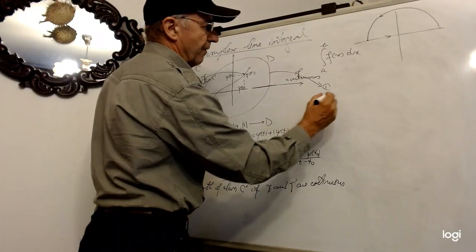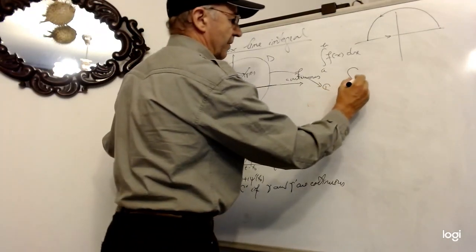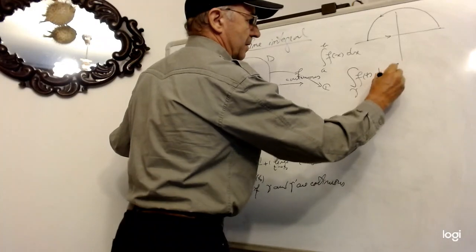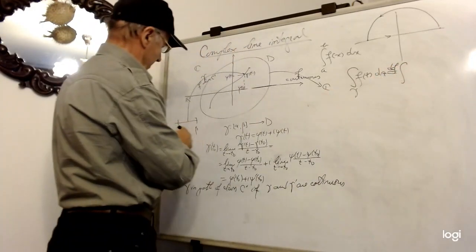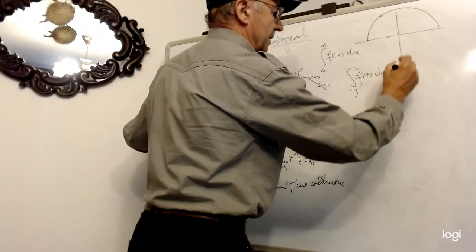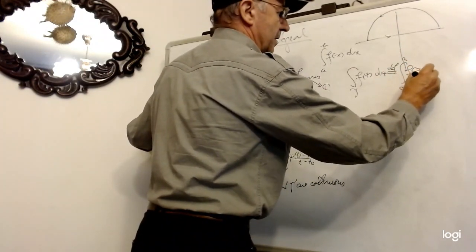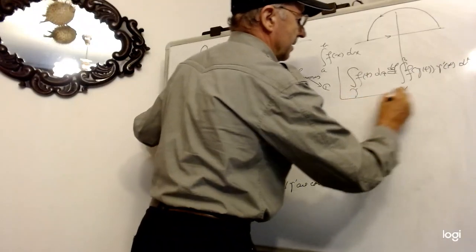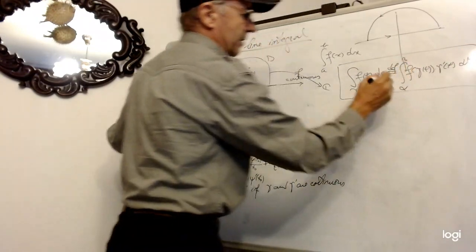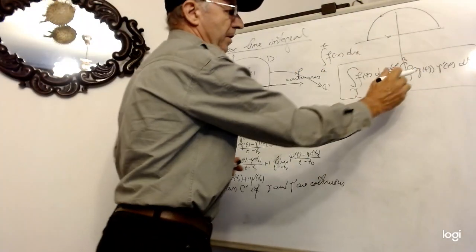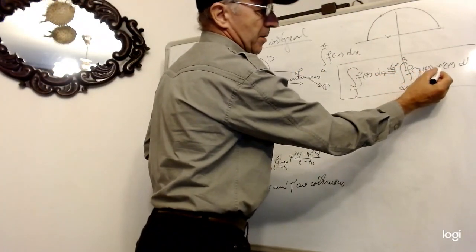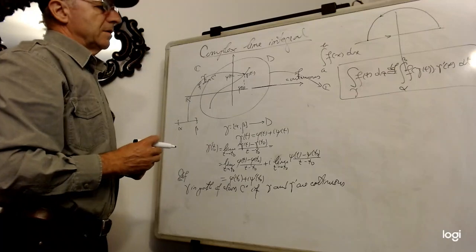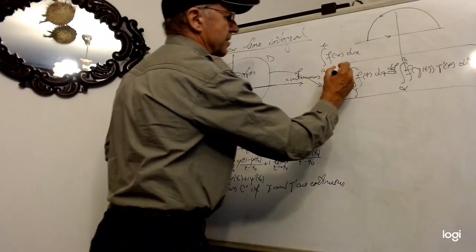Then we define the integral of f of z dz along gamma, by definition, as the integral on the interval alpha to beta of f of gamma of t times gamma prime of t dt. Here we have an integral on a finite interval. f is continuous, gamma prime is continuous. We have here a continuous function, so this integral exists. This is the definition.